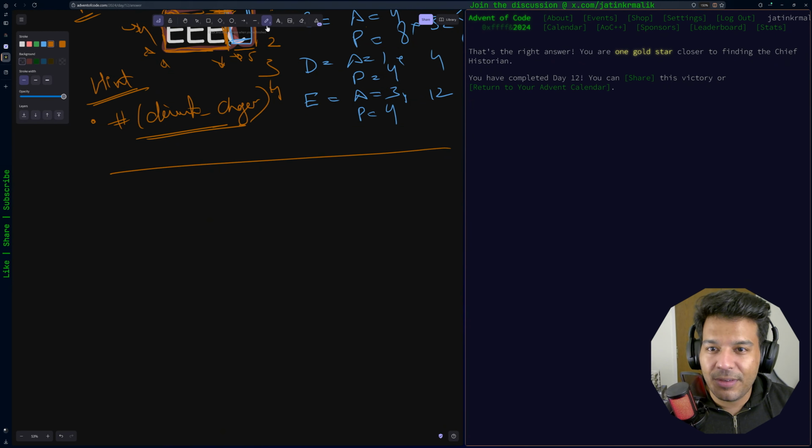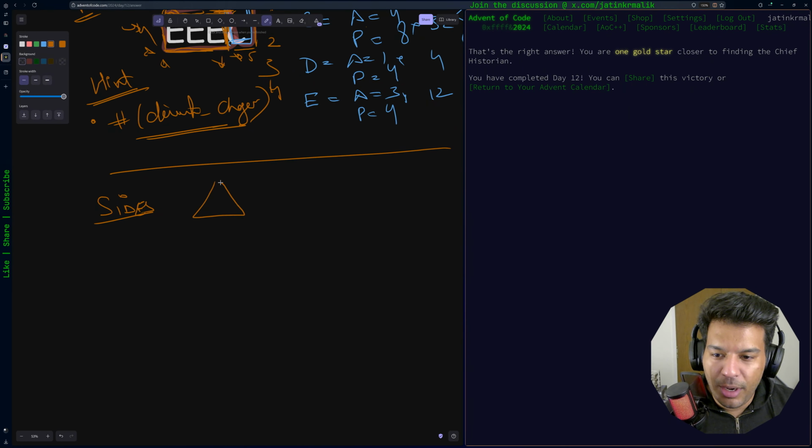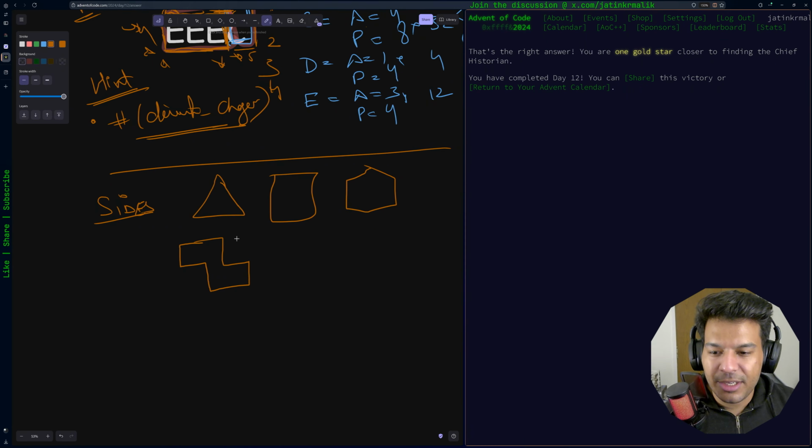Instead of getting this to count the sides, if you look at any polygon, so it's a triangle, square, pentagon, maybe this shape. If you look at the number of sides, it is 3, 4. Actually, I made a hexagon. So 6, 1, 2, 3, 4, 5, 6, 7, 8. If you look at the number of sides, it's actually equal to the number of corners.